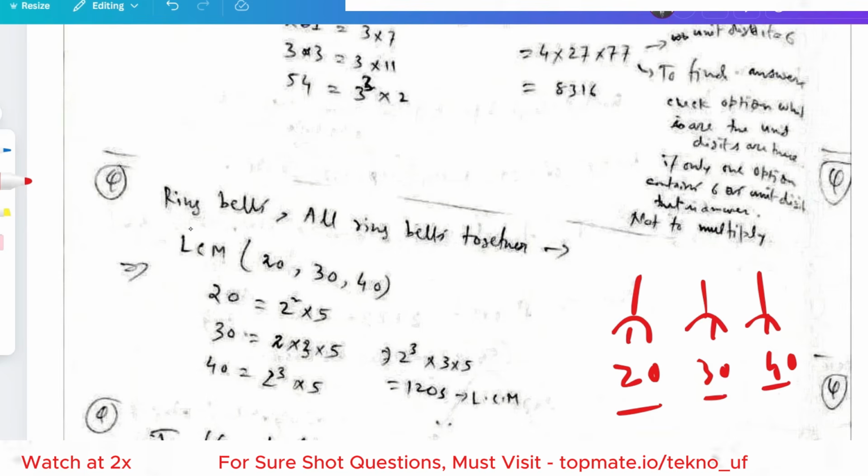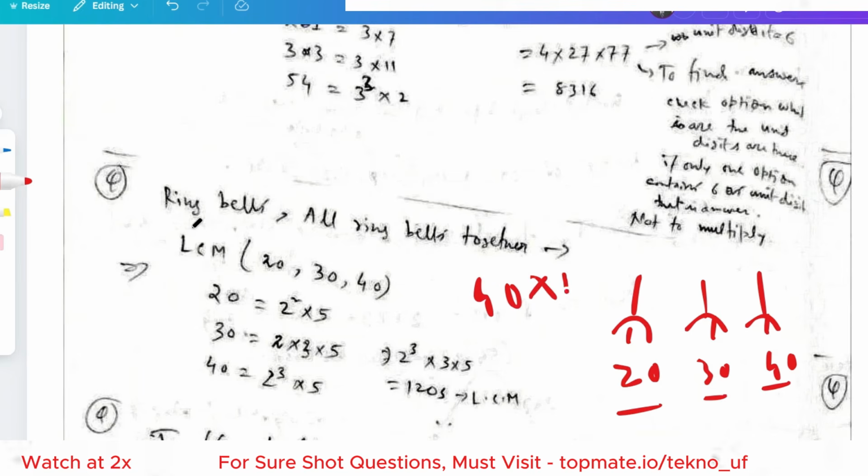For this type of problem, as I have told, you have to calculate the LCM of these numbers. You know the shortcut trick to calculate the LCM, right? Get the largest number, that is 40, and check if it is divisible by 20.